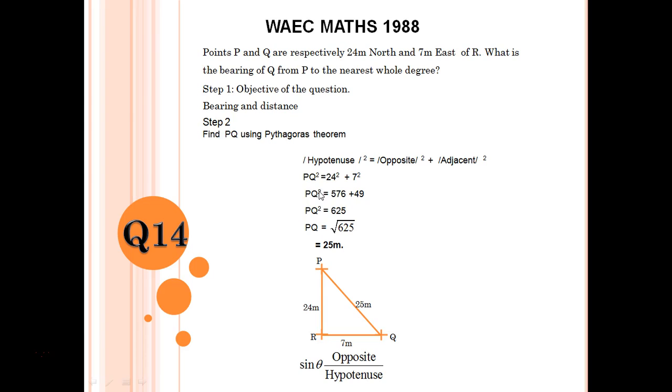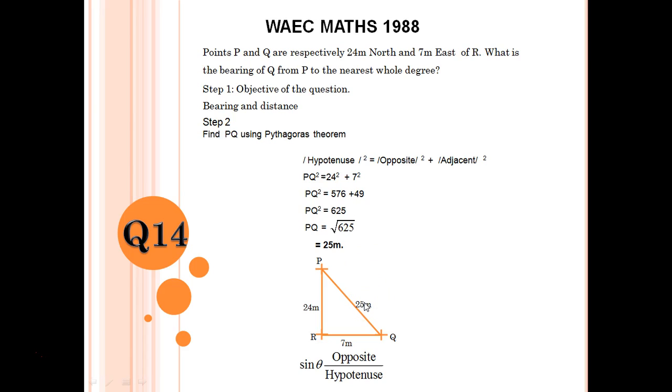Then PQ squared is equal to 576 plus 49, which is 625. Then PQ is the square root of 625, which is equal to 25 meter. Now we represent the 25 meter here on the diagram.